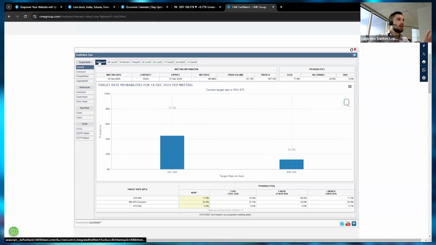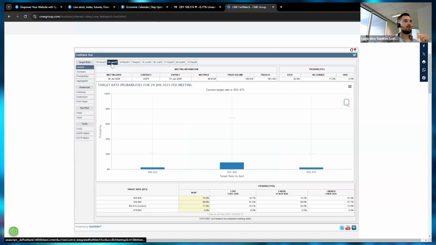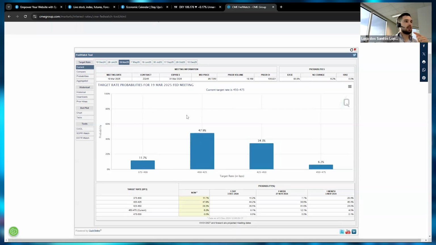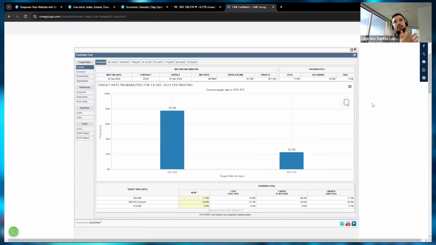So I think the next 4 months or so would be really important from the Fed, because we're going to have the 18th of December, a 25 basis point cut, the 29th of January, a 25 basis point cut, and on the 18th of March, another 25 basis point cut. So the next 3 to 4 months would be really important from the FOMC, even with expectations for the Fed to cut later this month in December.